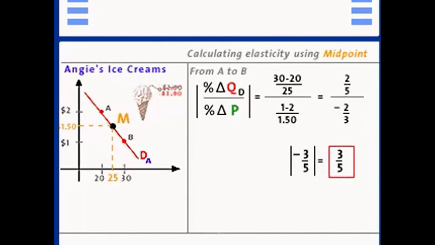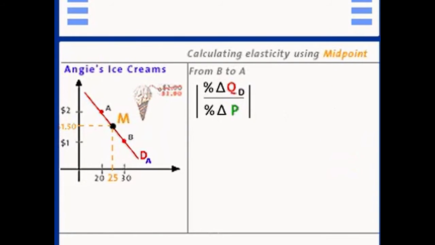Now, just as a check, find the elasticity of demand as you move from B back to A, again using the midpoint as the basis for your percentage. In this case, the new quantity is 20 minus the old quantity of 30 divided by 25, which is -2/5.